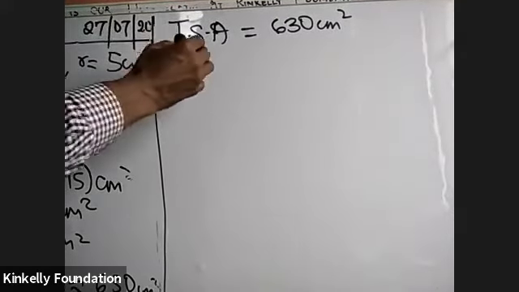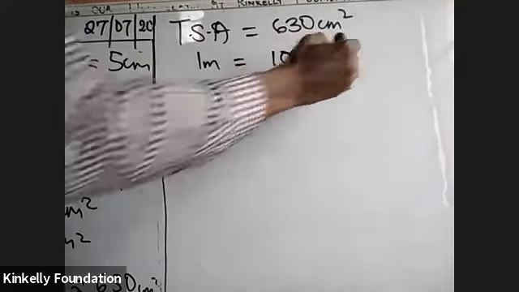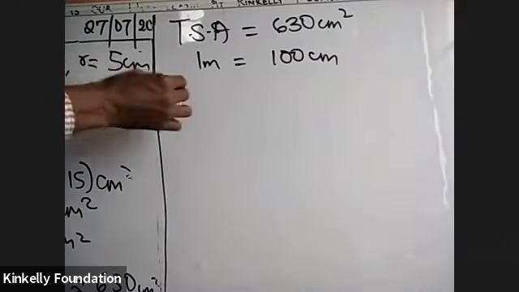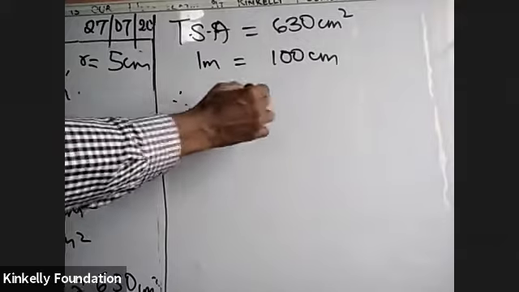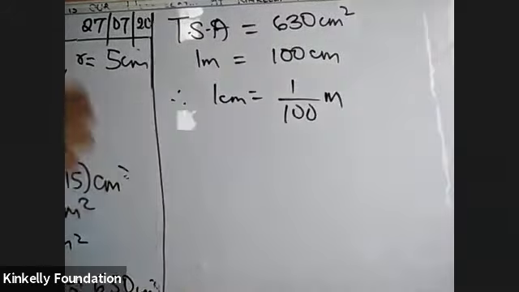You know that 1 meter is equal to 100 cm. I hope you know. Which means that 1 cm is equal to 1 over 100 meters.